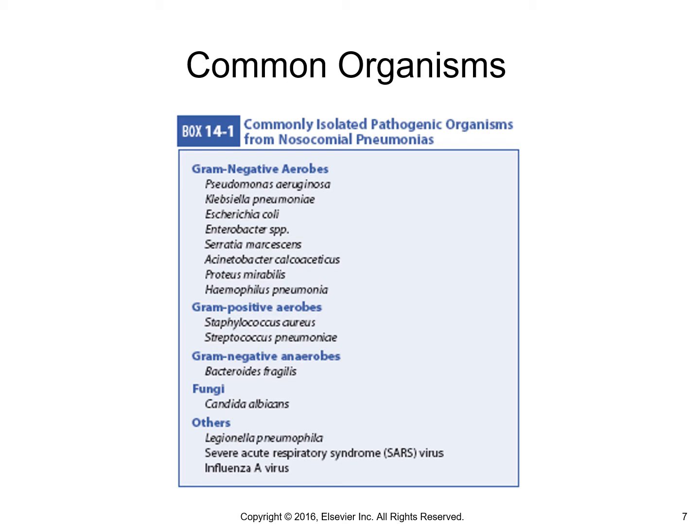These are broken down into gram-negative and gram-positive. When we look at gram-negative, about 60% of all VAP infections are with Pseudomonas aeruginosa, Klebsiella, E. coli, and then Enterobacter. So those are the more common gram-negative.